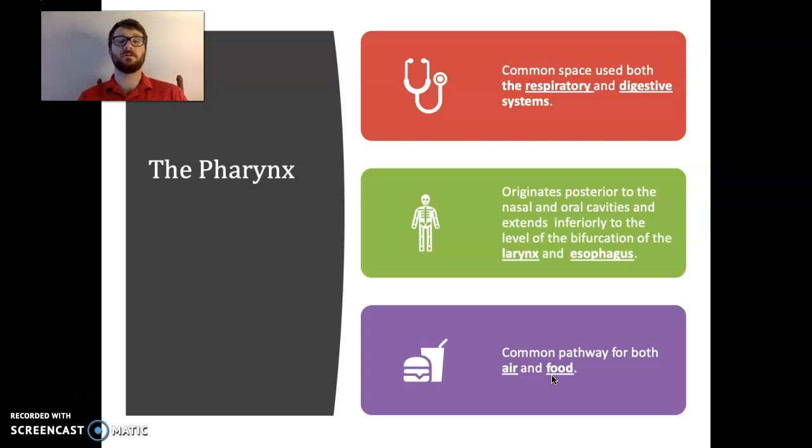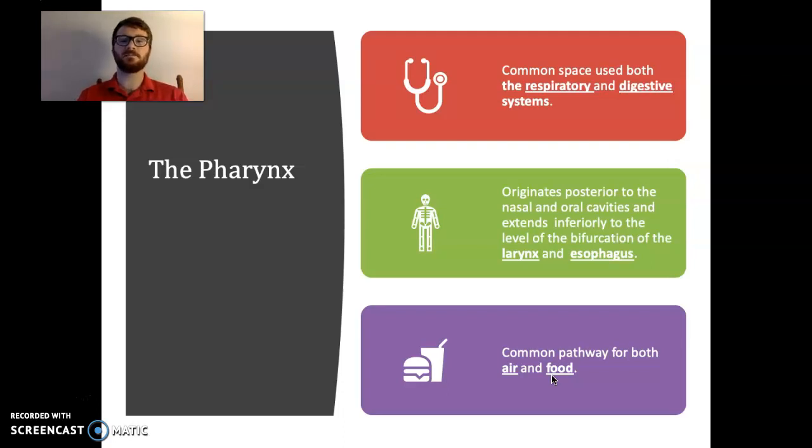And so you definitely don't want to get food into your larynx. We used to say that the food went down the wrong pipe, though that doesn't necessarily carry with it the exact meaning of what's happening. The pharynx is common space for respiratory and digestive systems.